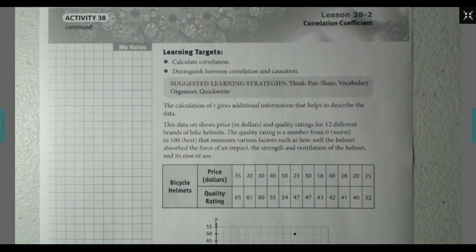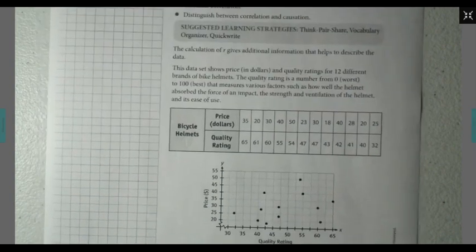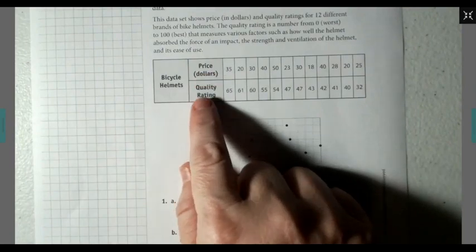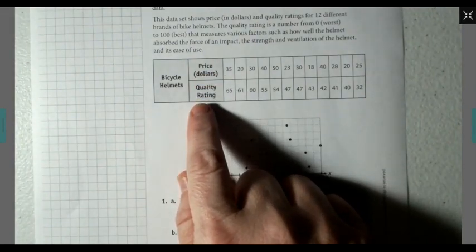The quality rating is a number from 0, being the worst, to 100, being the best, that measures various factors such as how well the helmet absorbed the force of an impact, the strength, ventilation of the helmet, and its ease of use. As you can see, we have this set of data where it talks about the price and also the quality rating.